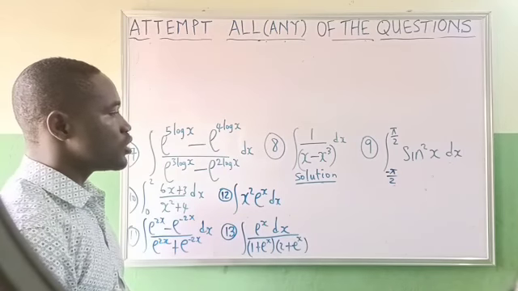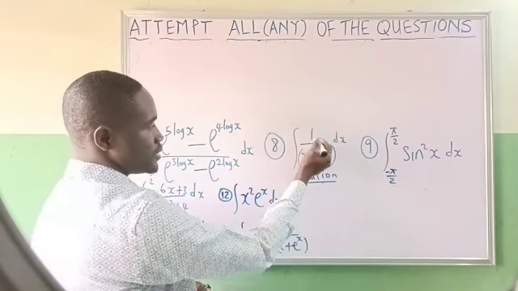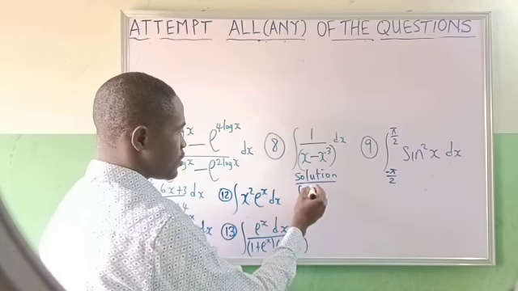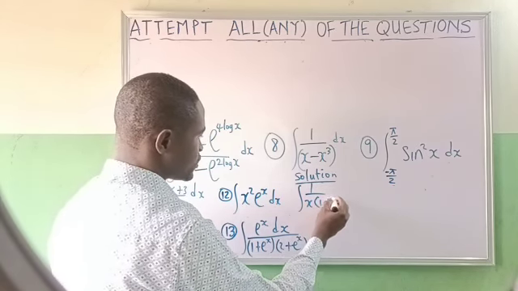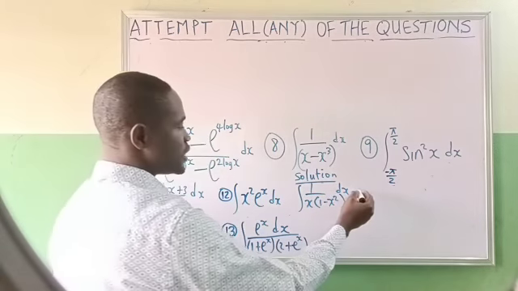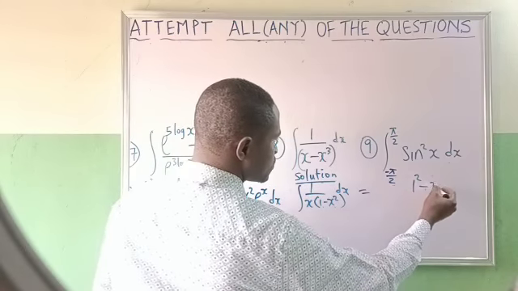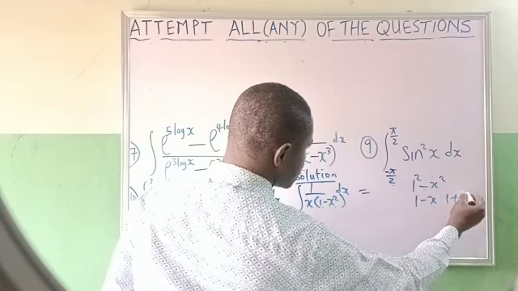We go to question number 8. Question number 8 says we should integrate this. Do you know that this expression simply means we factorize 1 minus x squared dx? Yes. And from the difference of two squares, 1 squared minus x squared means 1 minus x, 1 plus x.